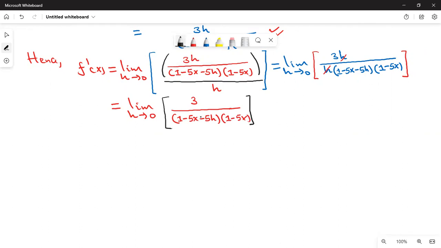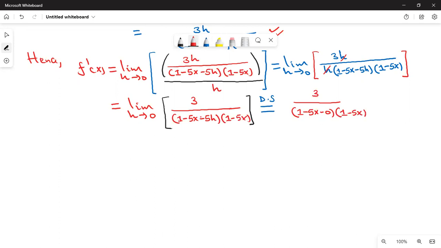So having simplified that one, let us now try direct substitution. When we use direct substitution, where there is h you substitute 0. It will give us 3 in the numerator over 1 minus 5x minus 0, since 5 times 0 is 0, then another 1 minus 5x.